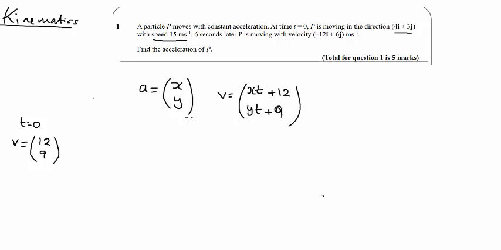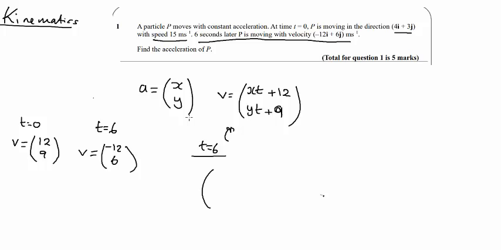It's a 9, by the way. Now here's more information, and this is more important. At t equals 6, we know that V equals minus 12i plus 6j. Well, let's put t equals 6 into here. We're going to get 6x plus 12, 6y plus 9, and we know that has to equal minus 12, 6.